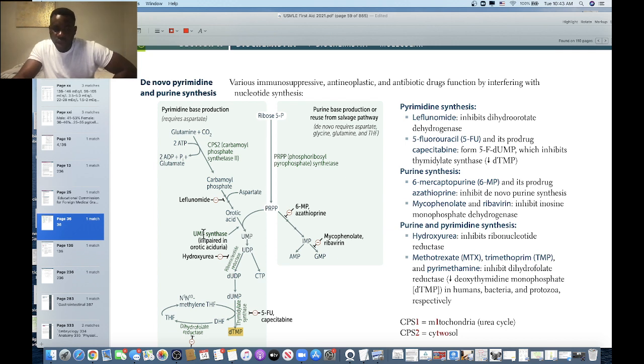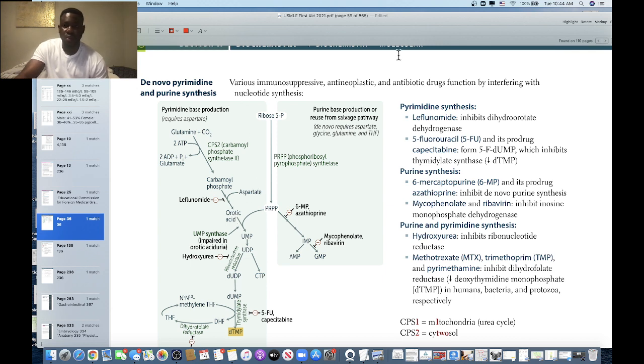It is UMP synthase, right? So the deficiency is UMP synthase deficiency. Let's take note of that. What are we going to have? We are going to have normal ammonia, because this does not affect the ammonia pathway in any way, and we'll have increased orotic acid in the person's urine.